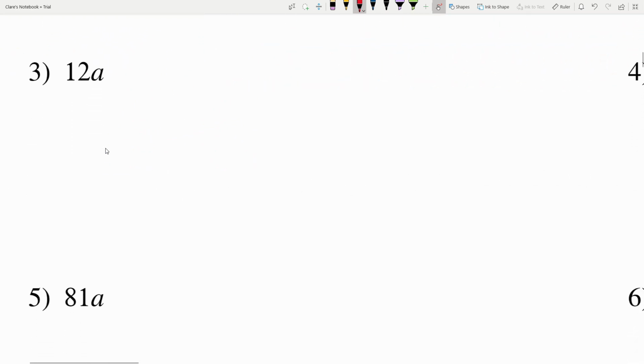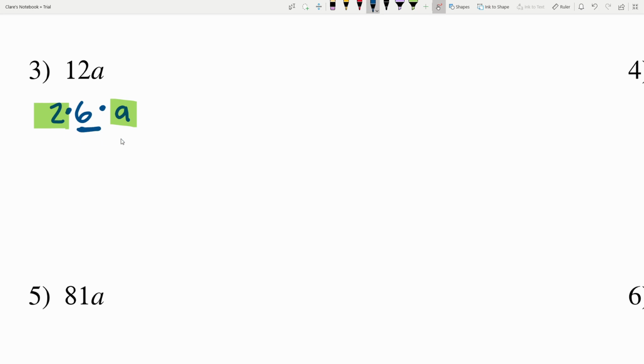Now in number 3, we have 12a. 12 is divisible by 2, so I'll write 12 as 2 times 6, and that's all multiplied by a. Now 2 is a prime number, a is our variable, so we're going to leave that, but 6 is not prime. So we're going to find the prime factors of 6. 6 is 2 times 3.